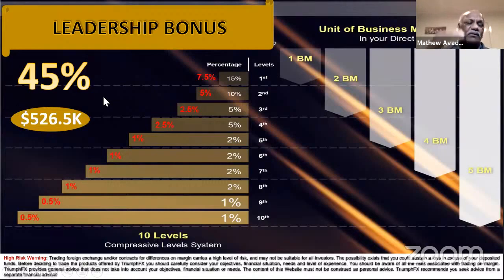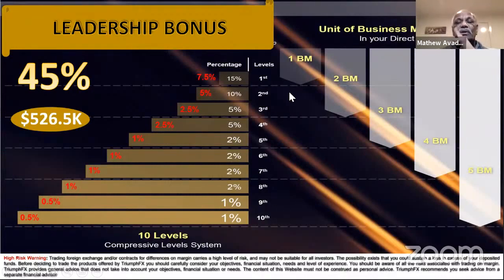The first top half was 50%, now the second half is 45%, and the 45% pool is $526,000. At level 1 you get 7.5%. So they share 15% of the 45% pool here, 10%, 5%, and so on. But the commission you get is 7.5, 5%, 2.5, 1, 1, 1, 1, 1, 0.5, and 0.5.